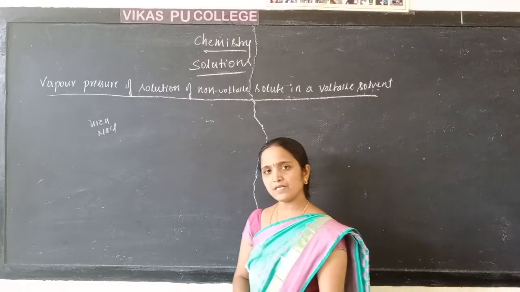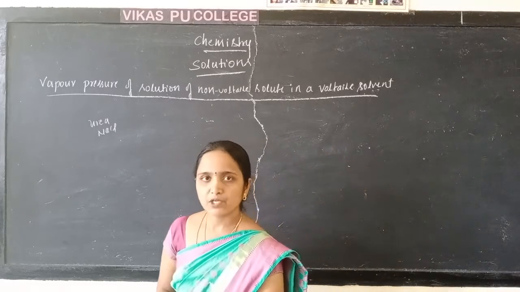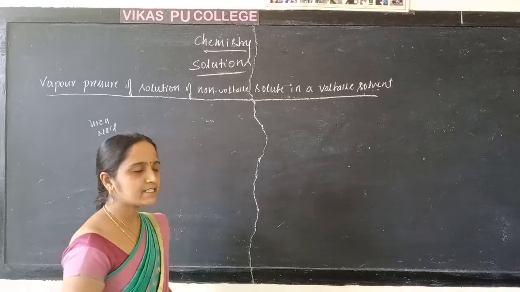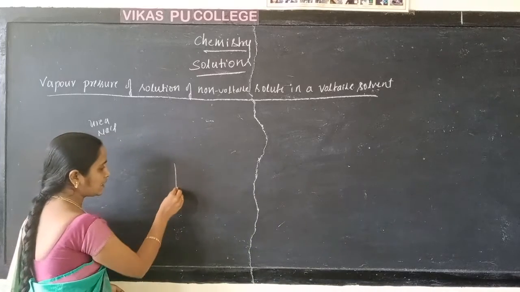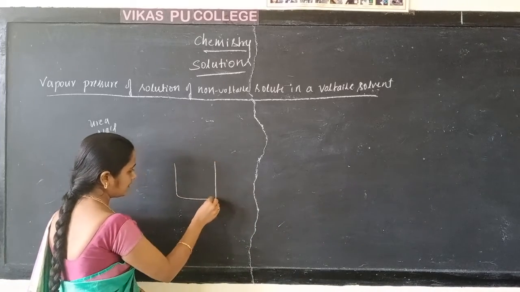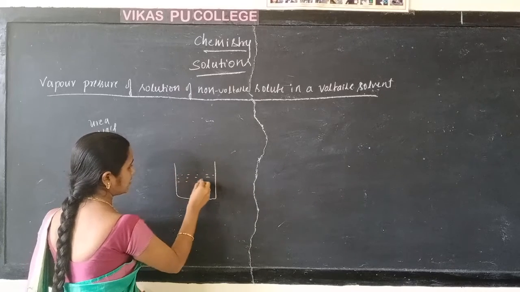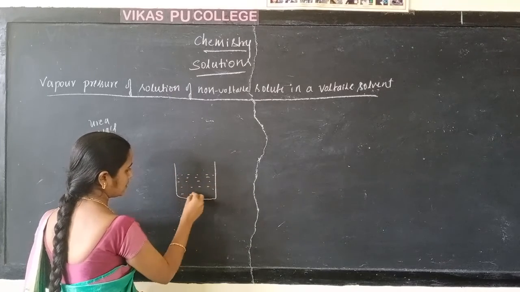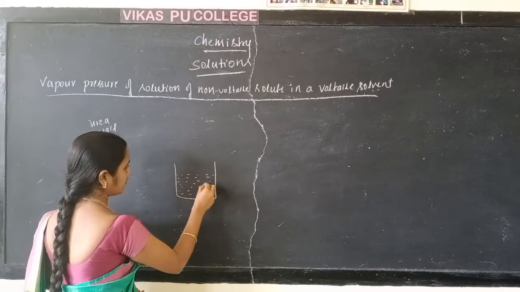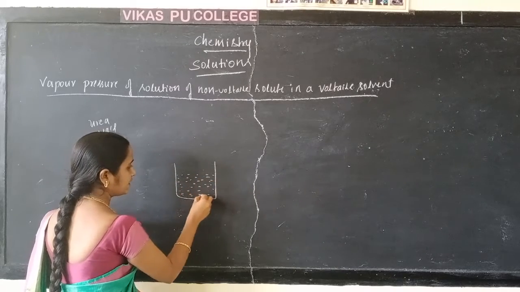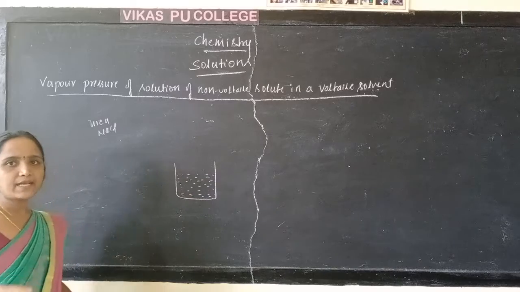Why is the vapor pressure lower? Because first, it contains only the volatile solvent. For that, we are going to add the non-volatile solute.